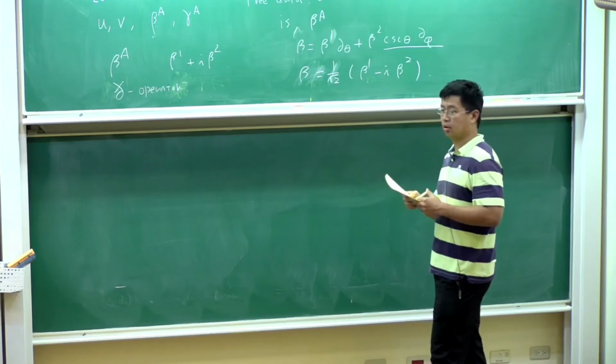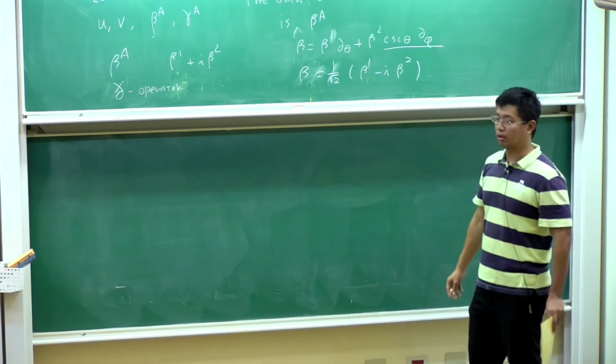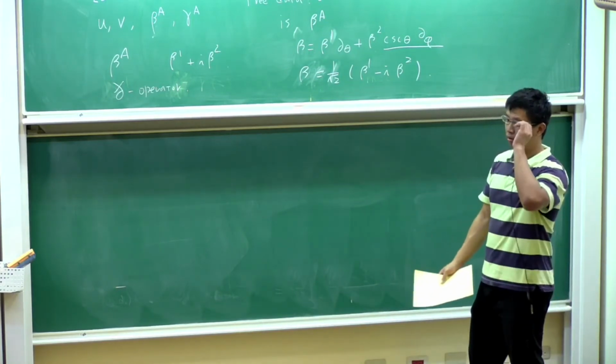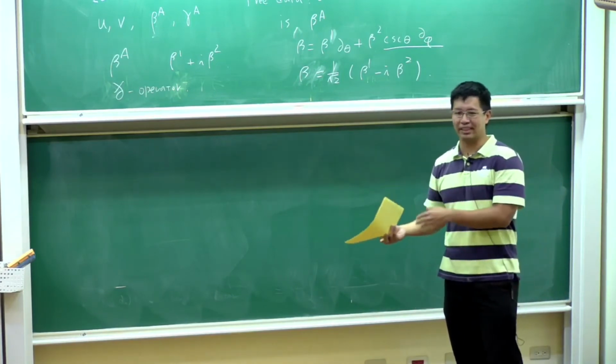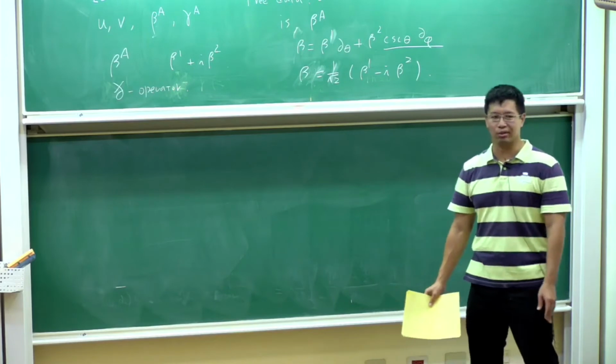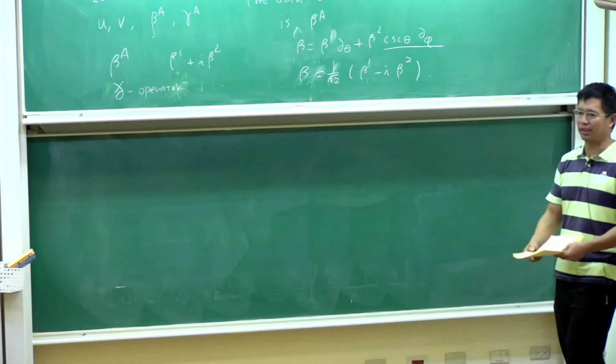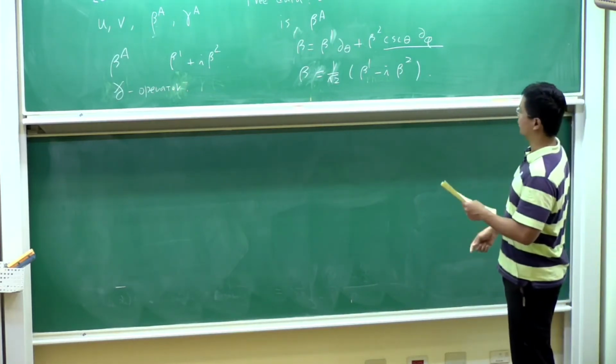You use this complex basis, E1 and E2. I guess it's 1 over root 2 (E1 plus iE2), and then 1 over root 2 (E1 minus iE2). Right.